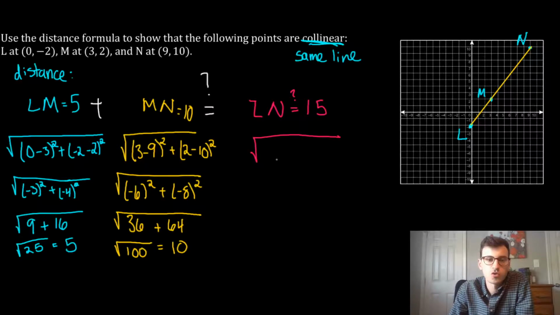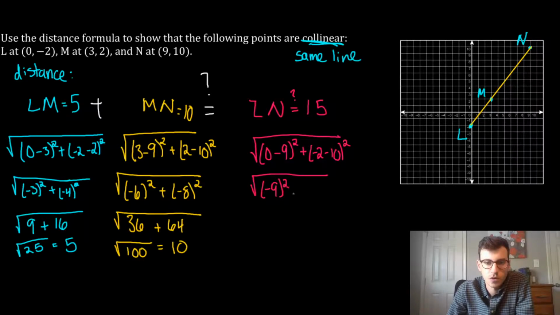LN is the square root of (0 minus 9) squared plus (-2 minus 10) squared. So then that's the square root of (-9) squared plus (-12) squared. (-9) squared is 81. (-12) squared is 144.